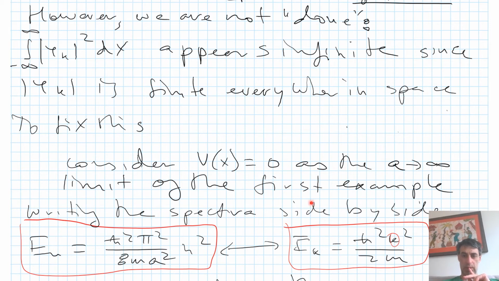Right, just to illustrate this with an equation, this was the result for the spectrum there, and this is the result in empty space. No rocket science to see how you can basically identify these things by saying that if I have a really big box, it's like having empty space with a particular relationship between k and n.